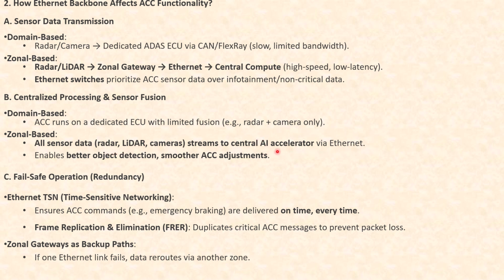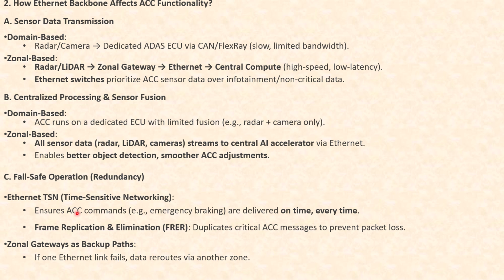This AI accelerator is nothing but a type of ECU, and all the data is streaming live to this ECU through the Ethernet, and this enables better object detection and smoother ACC adjustments. Hope all of you are understanding in how many ways the combination of Ethernet and zonal architecture is enhancing the efficacy of this ADAS functionality.